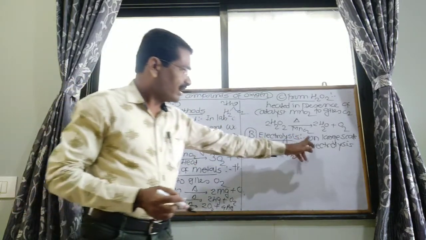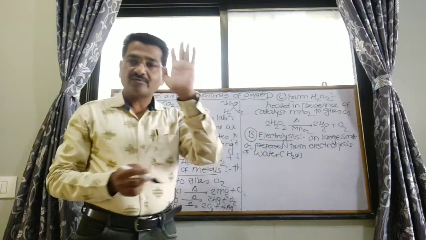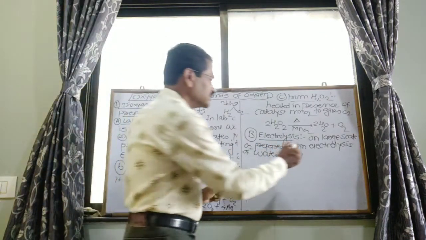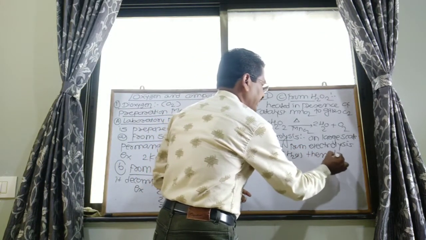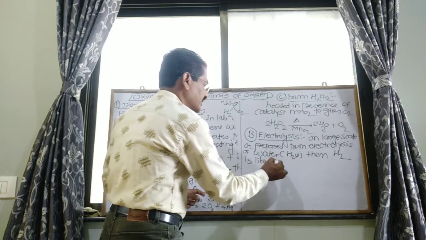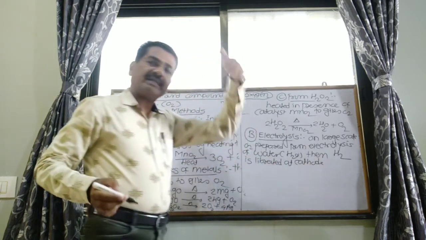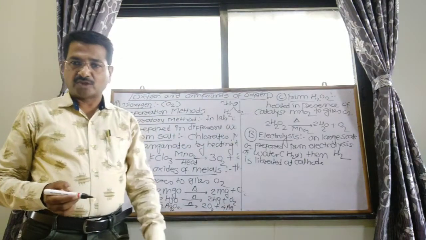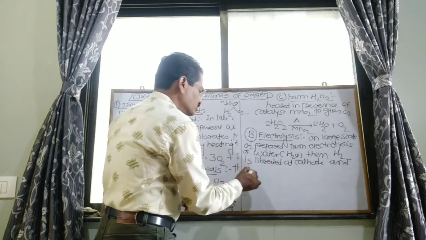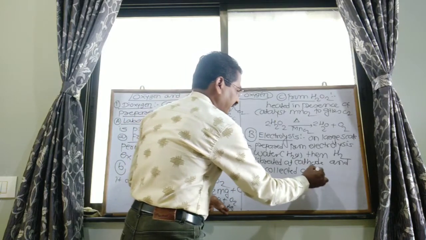Means, on a large scale, O2 is prepared from electrolysis of water. H2 is liberated at the cathode and O2 is collected at the anode.